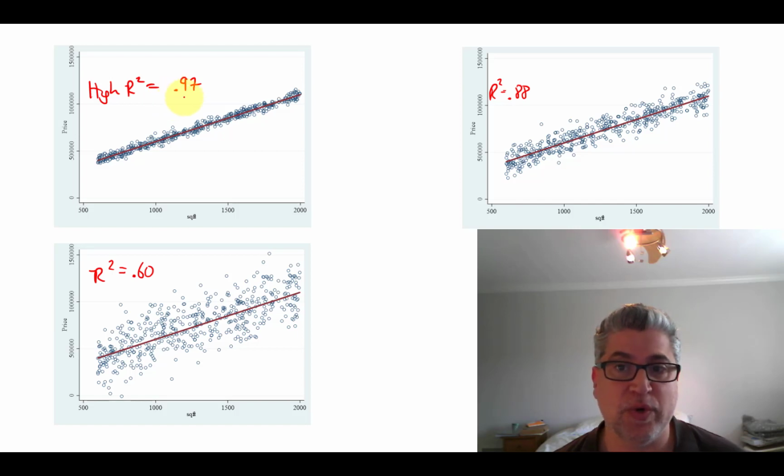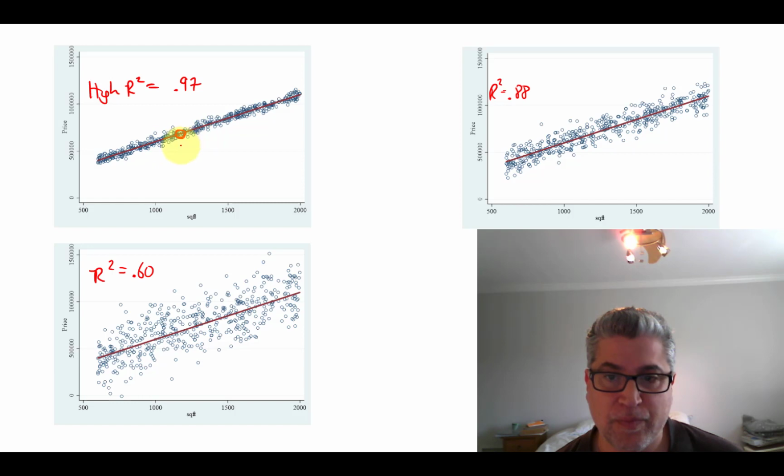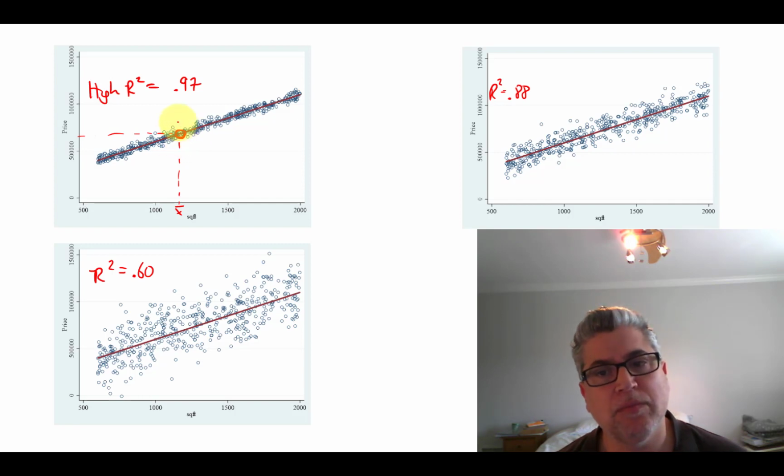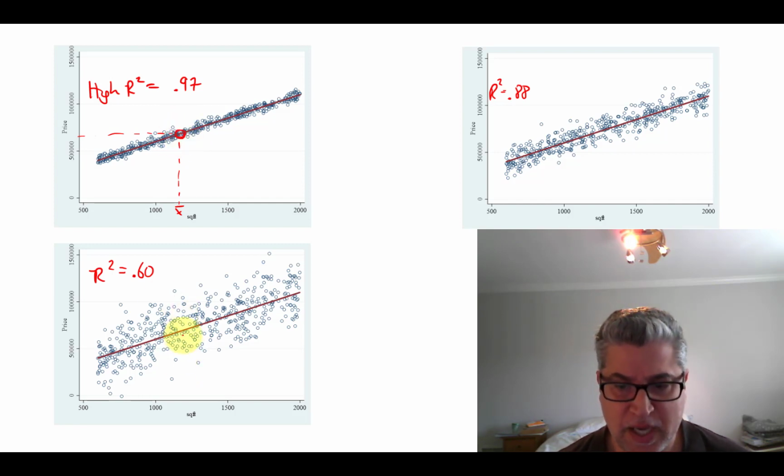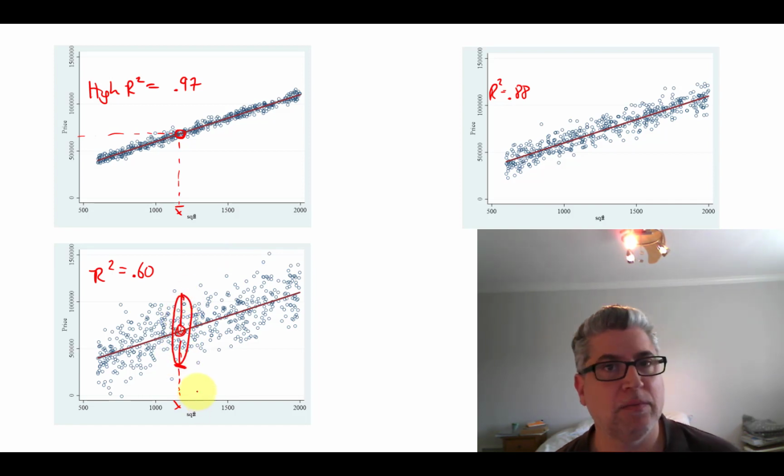All you need to know is that this one has a higher R squared. And so any predicted value from a particular X variable has not too much error. Whereas here, that same square footage will give you the same estimate, but with a much larger margin of error. So your R squared tells you a whole lot. It tells you whether to trust a prediction or to take it with a big grain of salt, because there's a lot more error there.